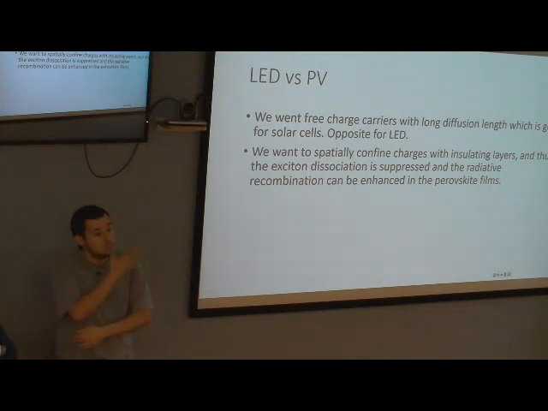But then if it's insulating, how do you get the electrons in or out if you're in a solar cell, and how do you excite the material if it's insulating? And I don't think in PV you have insulating layers, because you have to have the band alignment correct to have a cascade of energy to separate your charge carriers.